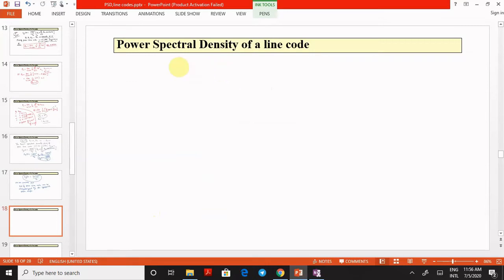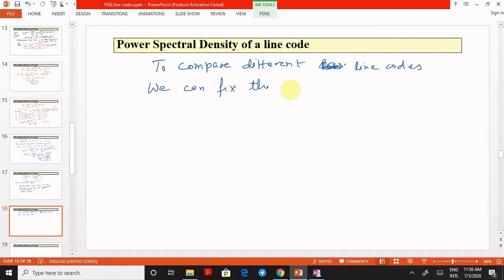So to compare different line codes, we can fix the type of pulse for further discussion, right?